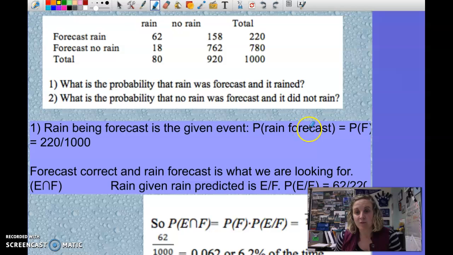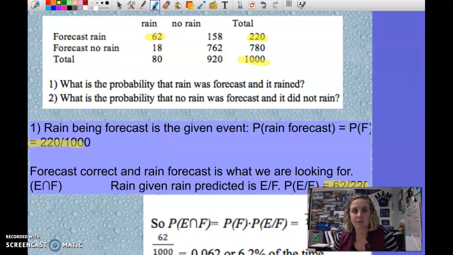So the probability of rain forecast is P of F, out of, we have 220 for the forecasted out of a total 1,000. So forecast correct rain would be rain out of forecasted rain, 62 out of 220. So those are your two questions in the beginning.